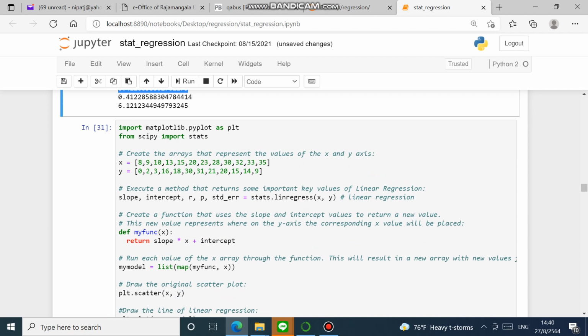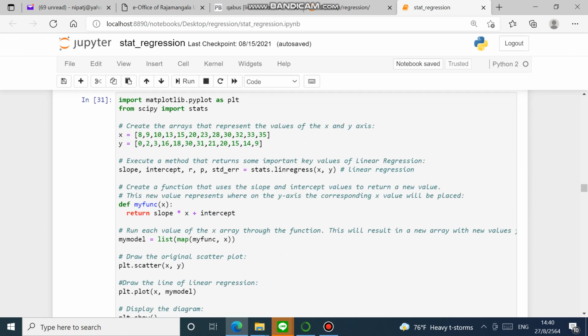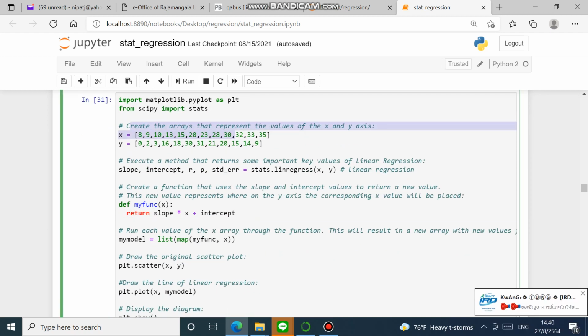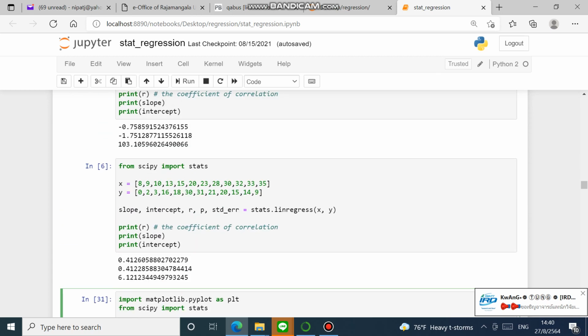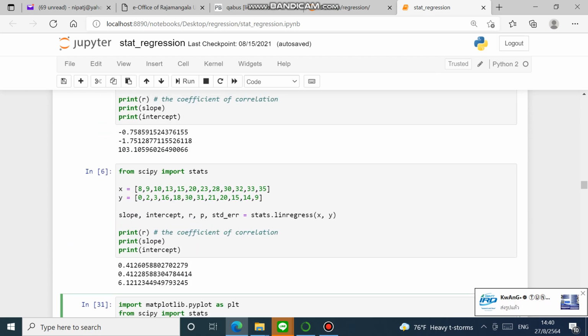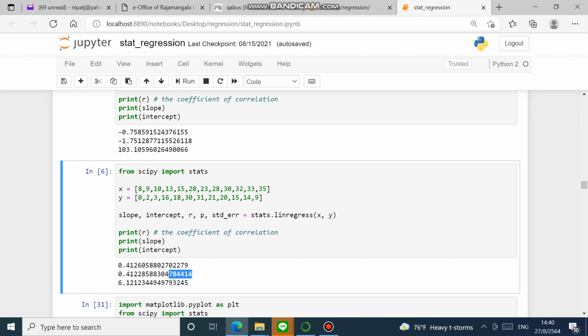One more time. Create the arrays x and y here. If you study the relationship between the two variables x and y, you know the R value, you know the slope, and you know the y-intercept. At this point you should be able to get the linear regression equation.